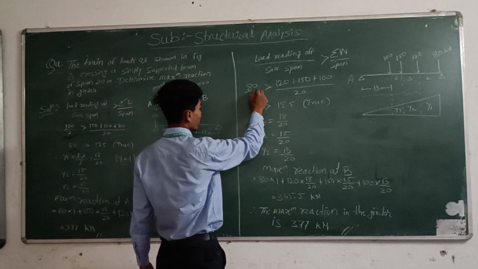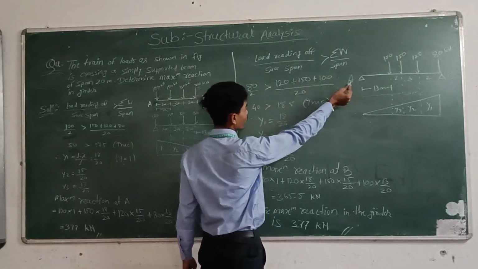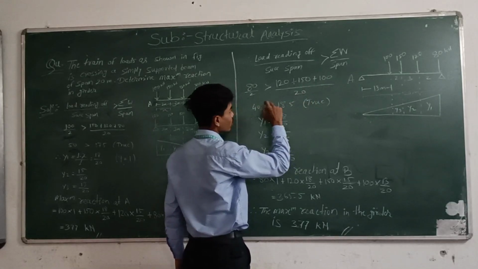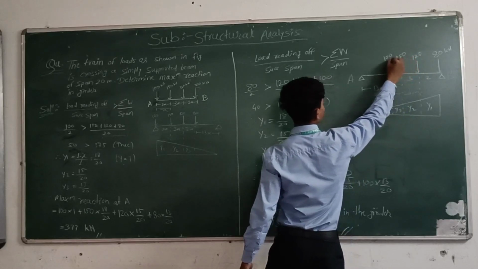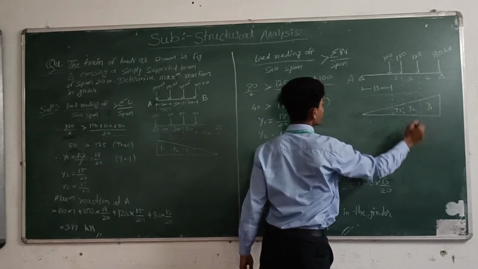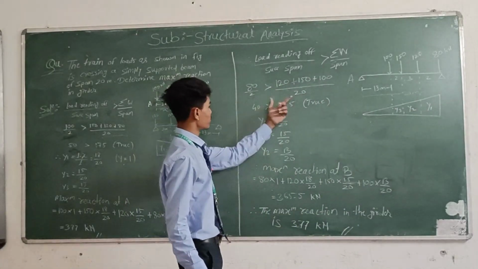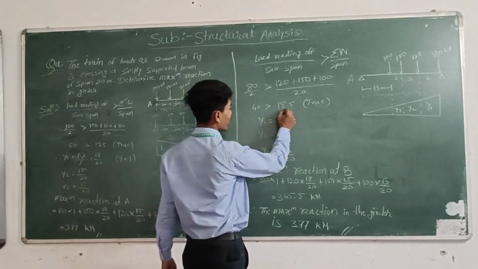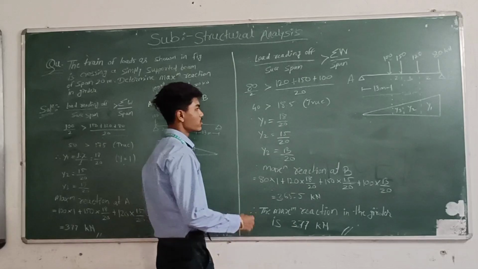First of all, 80 upon 2 is greater than the summation of all loads, 120 plus 150 plus 100, upon the total length of span 20 meter. We calculate this portion and this portion, and we get 40 and 18.5, which means 40 is greater than 18.5, so it is true.